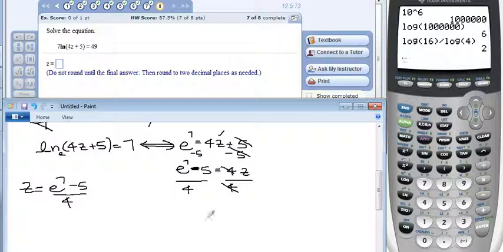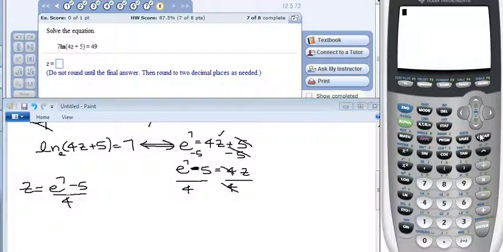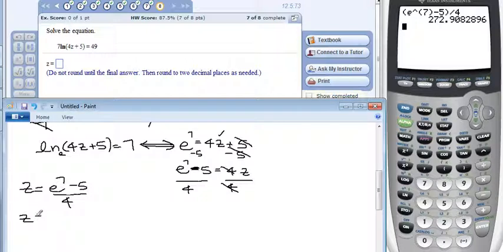Let's get a number on that. We have e to the x, and the x happens to be a 7, minus 5. We want all of that divided by 4, right? 272.91. Checking it. I want to put that in right there.